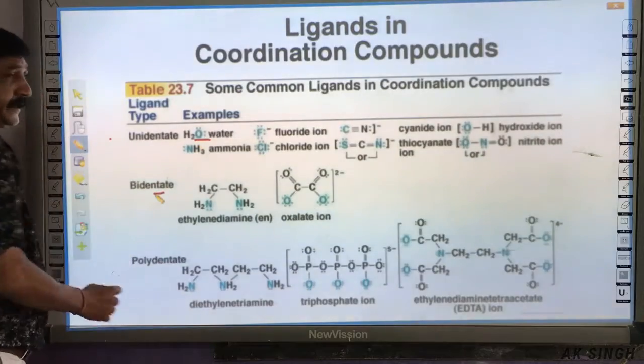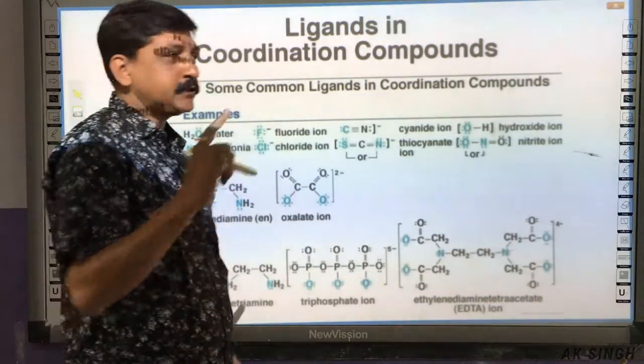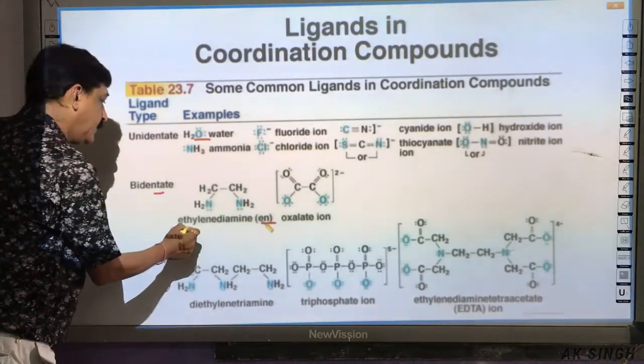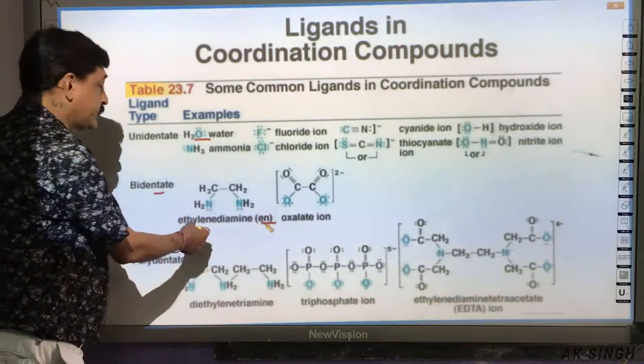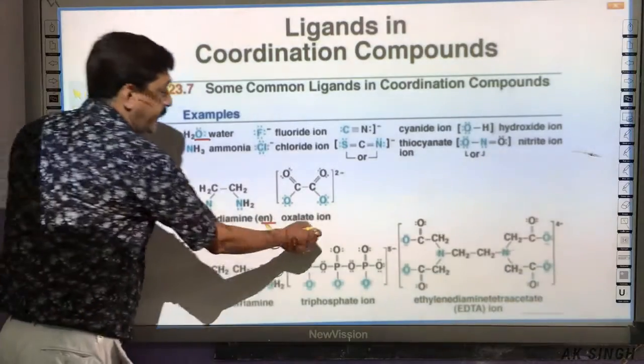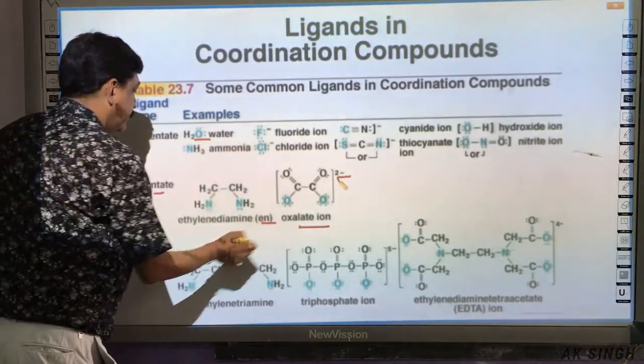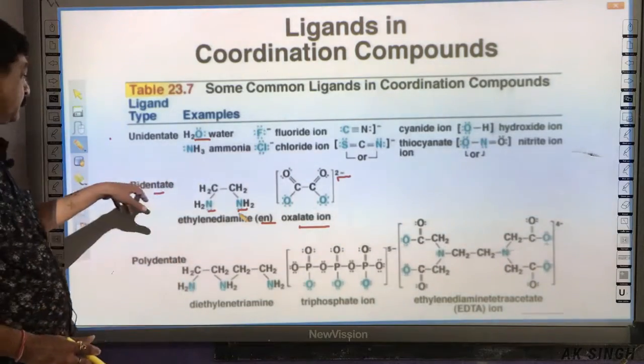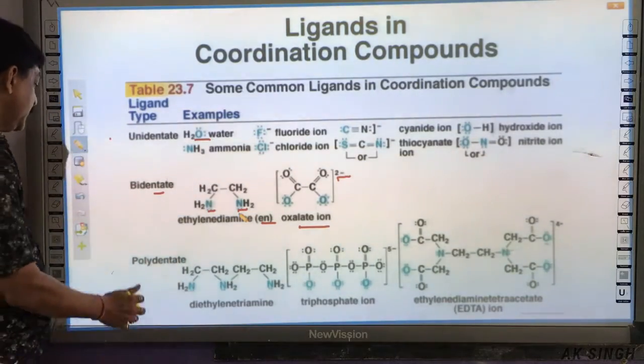Another is bidentate, when the ligand contains two donor sites. Just see, en stands for ethane-1,2-diamine or ethylenediamine. Oxalate ion, 2 negative. Now these are the donor sites, two donor sites, bidentate ligand.